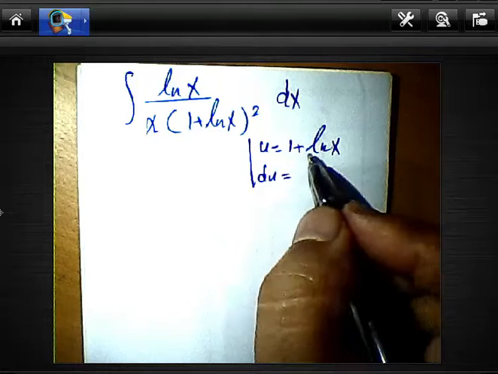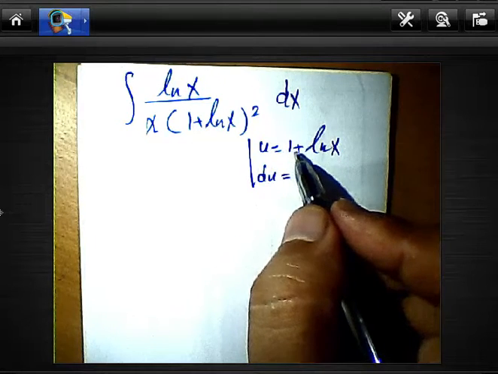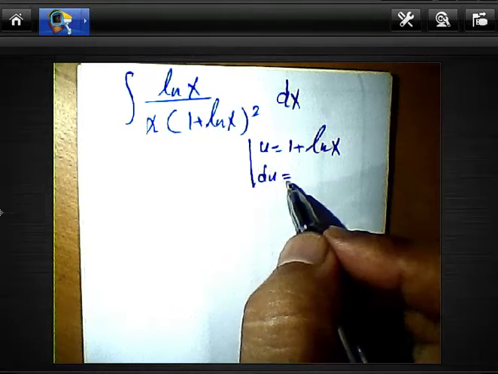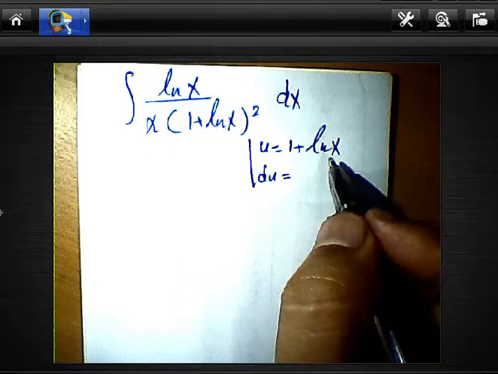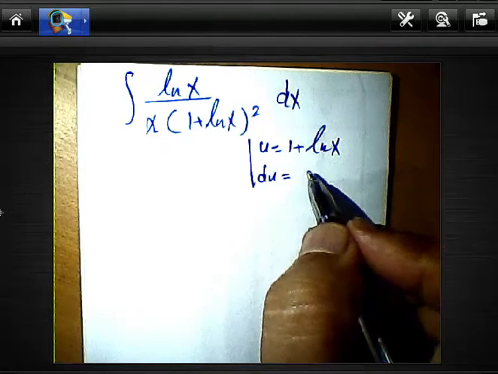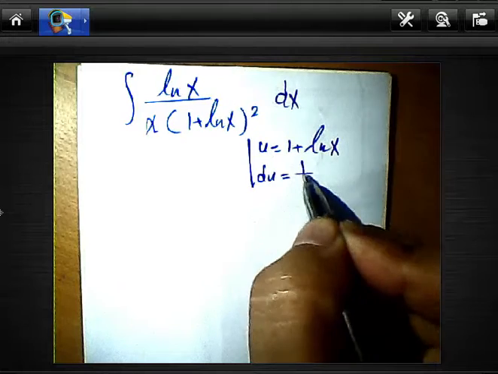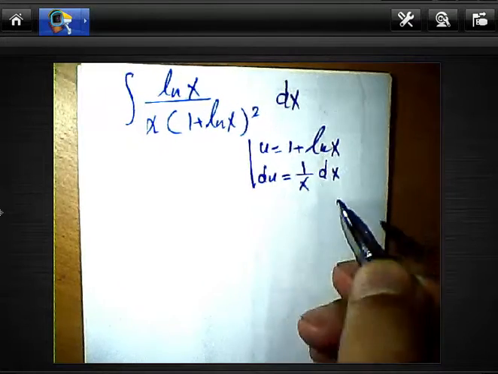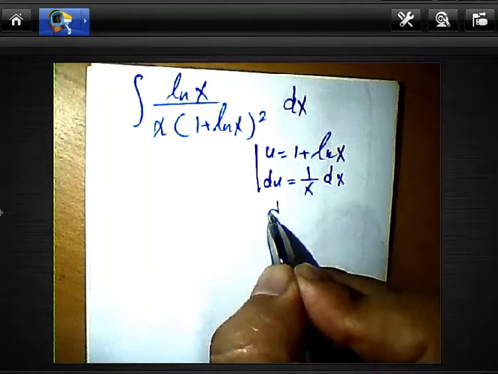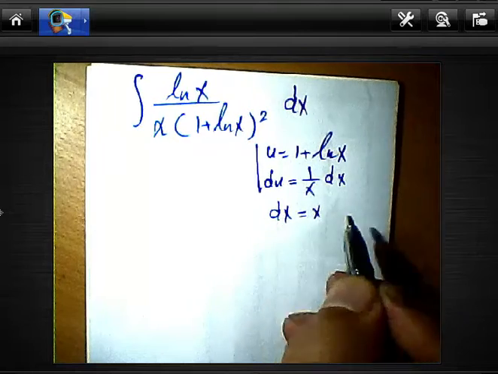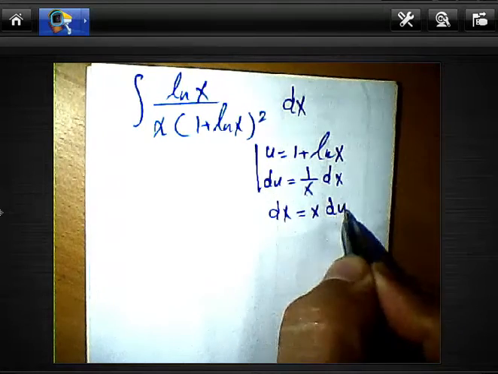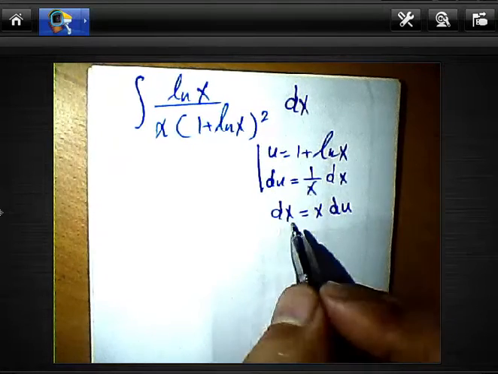Okay, ln x equal u minus 1. And du equal 1 over x dx. And we can write dx equal x du.